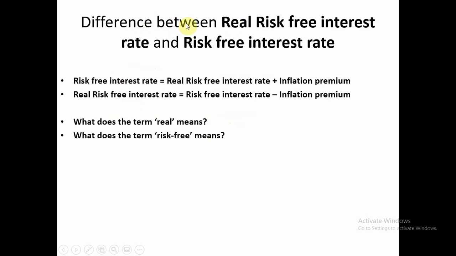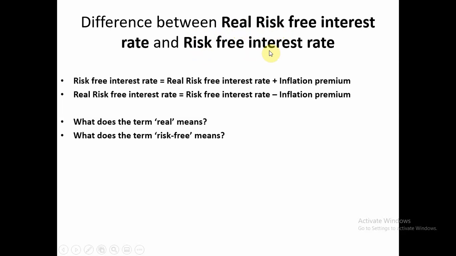So what is the difference between the real risk-free interest rate and the risk-free interest rate? The real risk-free interest rate applies when there is zero inflation in the society, and your security gives you an interest rate equivalent to the central bank security interest rate. Here you can say T-bills, T-securities interest rate.